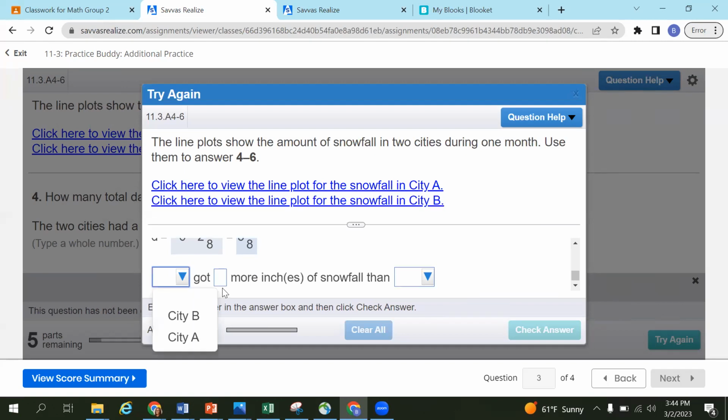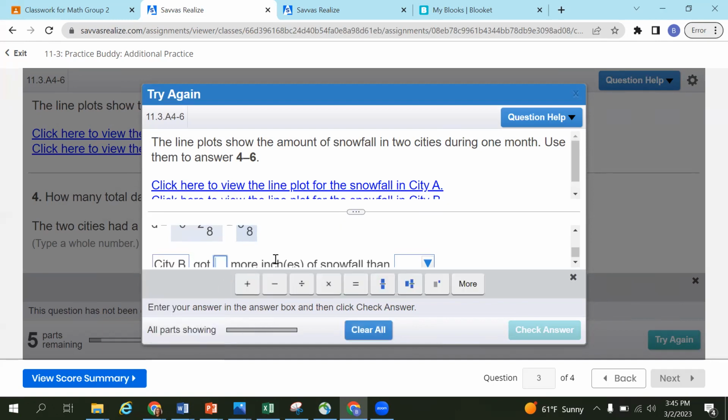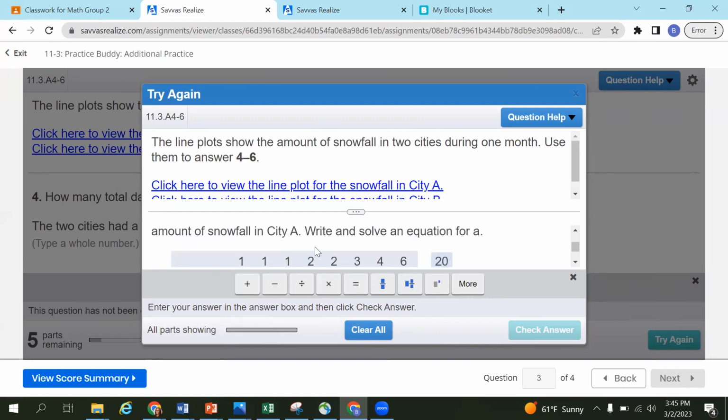So which city got more snow? City B. They got more snow. I think that's city A. City B. No, City B is the one that was the larger one. And if you go back up to the previous one, they got 3 and 4/8.